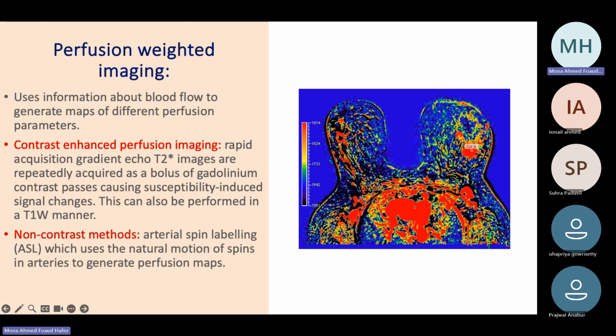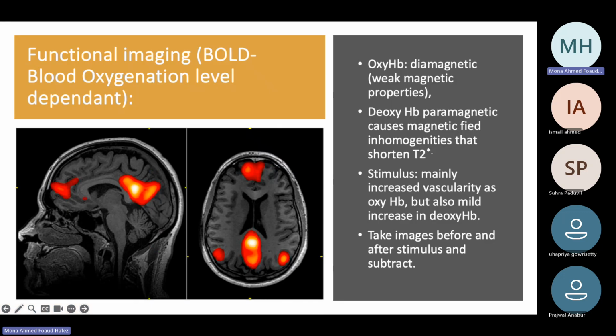Without contrast, we can make perfusion weighted images by arterial spin labeling, which uses the natural motion of spins in arteries to generate perfusion maps.